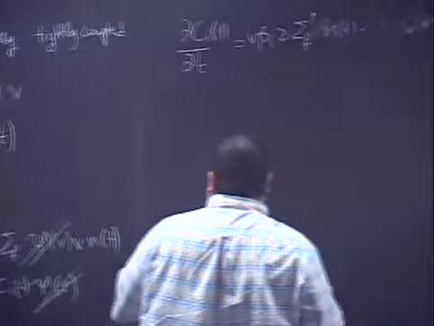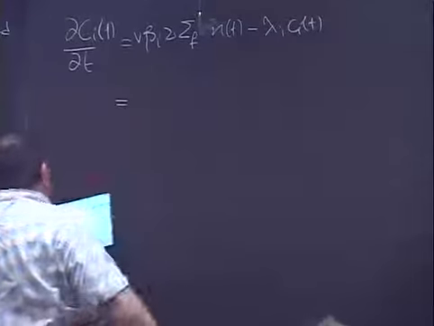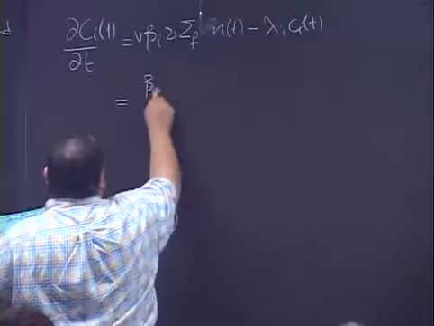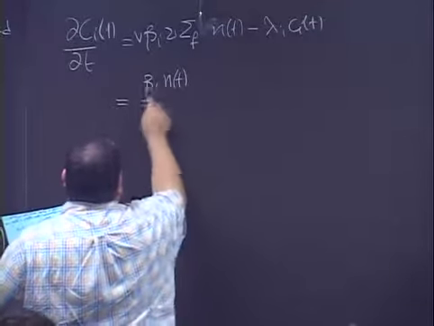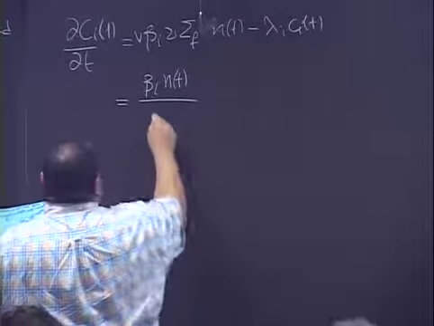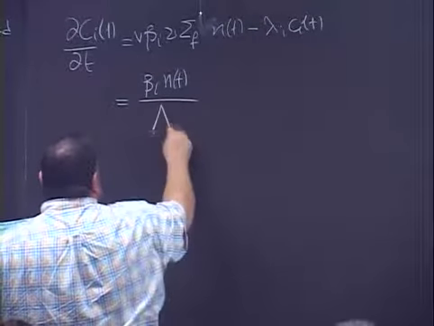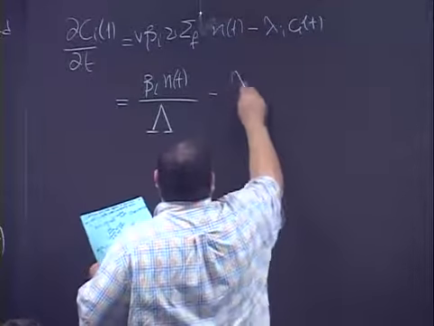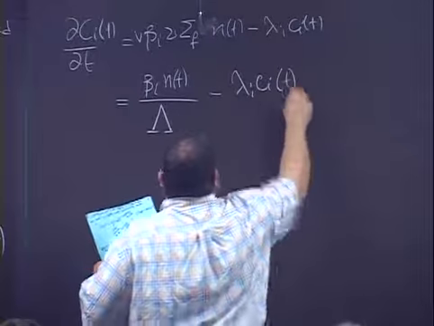Okay, so what's the second equation? Or we can still continue with this one. This is just beta i multiplied by n of t, and I can make this divided by capital gamma, minus lambda i Ci of t.